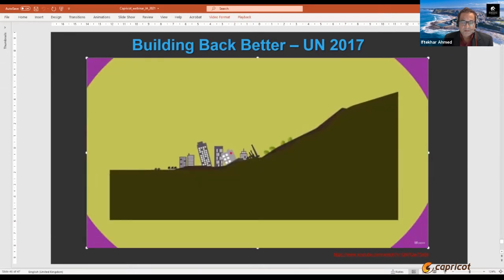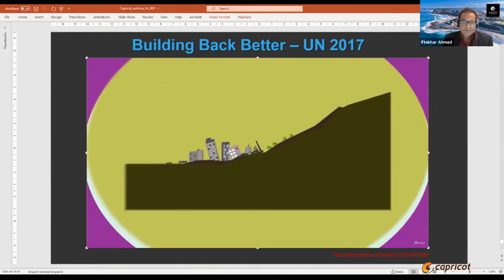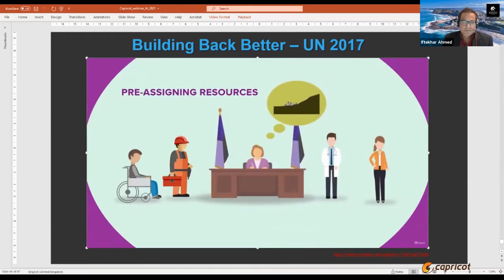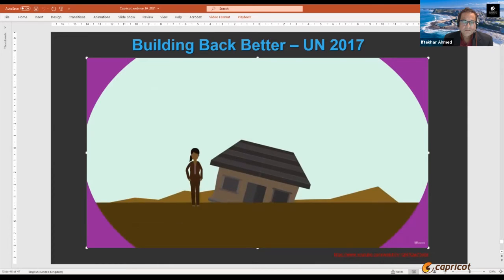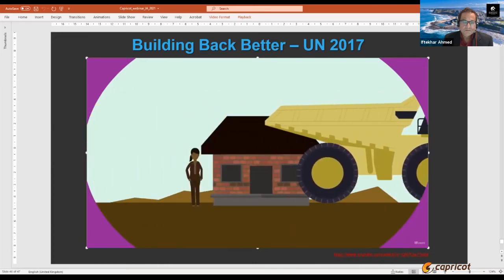In the aftermath of a disaster, a robust recovery plan that puts the needs of communities first will ensure minimal disruption and save lives. Pre-assigning resources and operational tasks before a disaster takes place will ensure that reconstruction can begin as soon as possible. Community needs following a disaster must be immediately attended to.